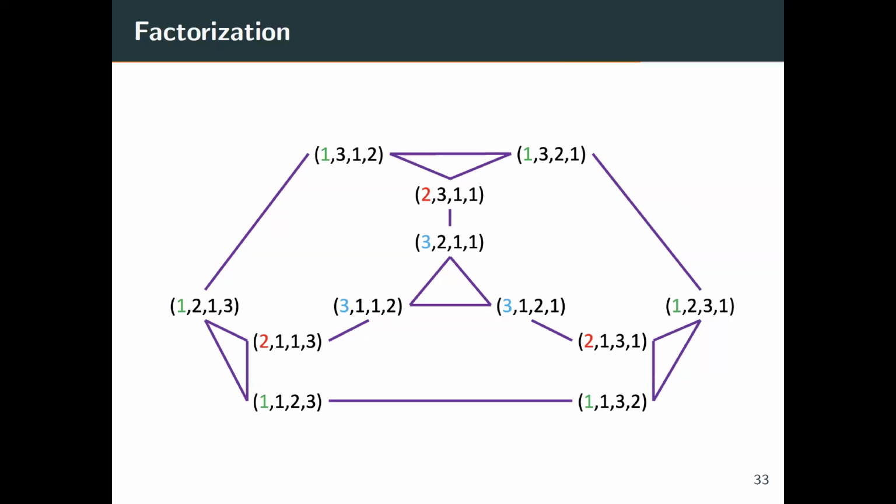On the other hand, if we fix the number two on the first entry, we will obtain the Prüfer sequence graph of 113, which has no adjacencies because 3 and 1 cannot be swapped. And finally, the blue one that fixes on the first entry the number 3, we will get the 112 Prüfer sequence graph that is a triangle.